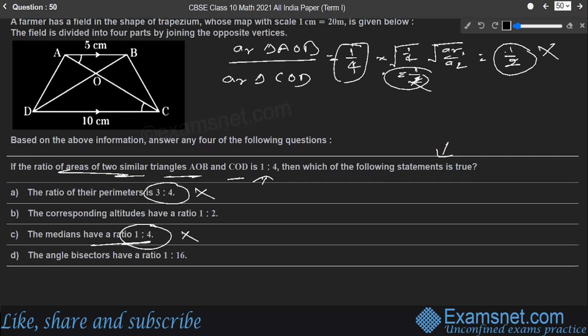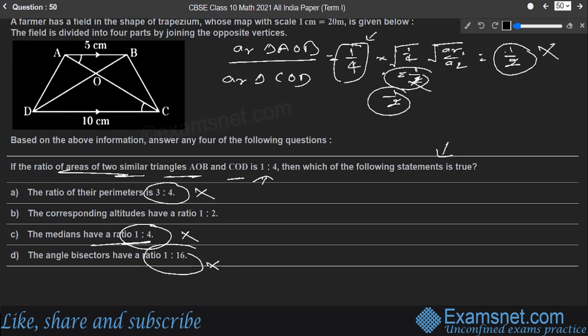Option D: the angle bisectors have a ratio 1:16. That is also not right, because angle bisectors are in the unit of length, so they again have to be 1/2, the square root of 1/4. So all these options are wrong. Option B says corresponding altitudes have a ratio 1:2.